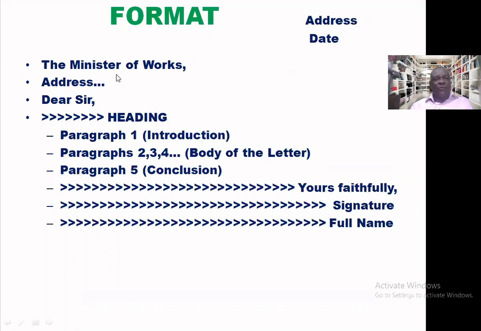The Minister of Works, then you write the address, the street where the office is located, or if they have a private mail bag, you can write PMB, or if it is a post office mail bag, you can write PO box this and that, and you write the particular place where the office is located.